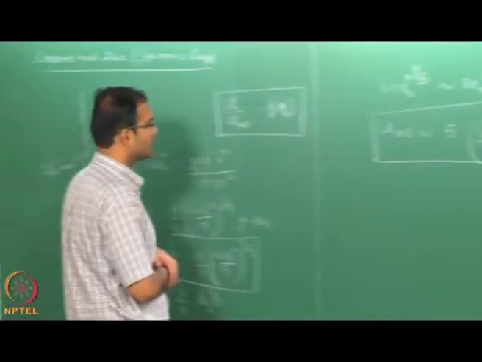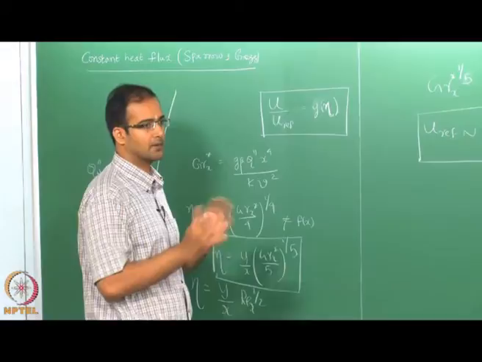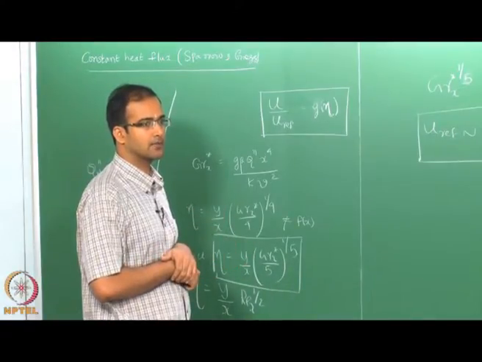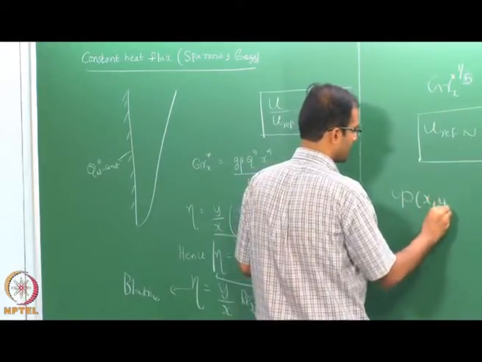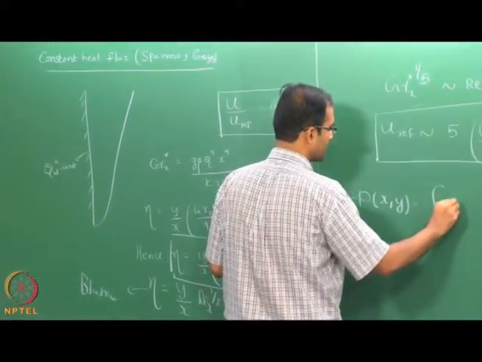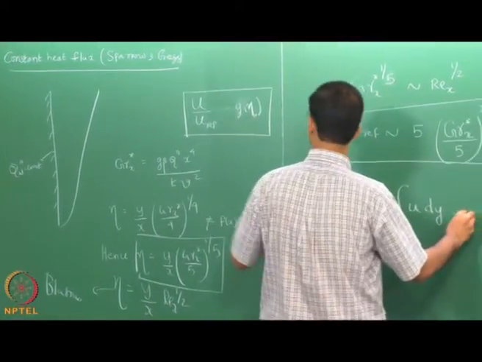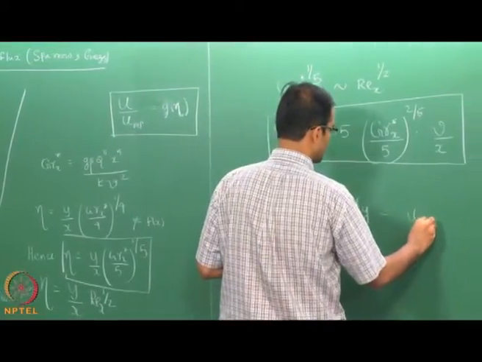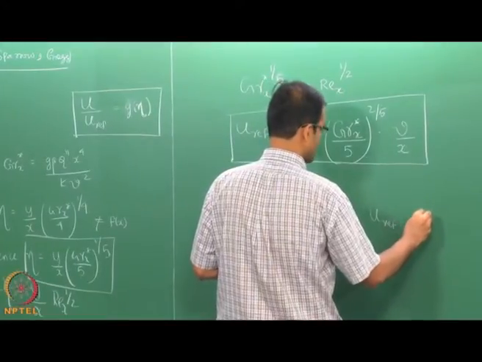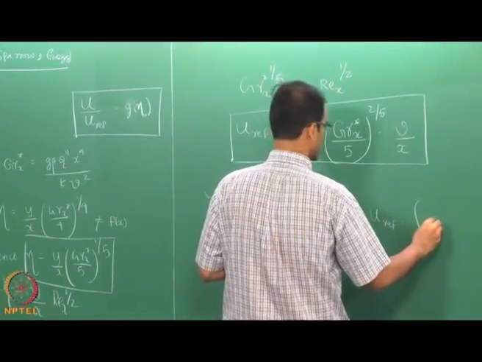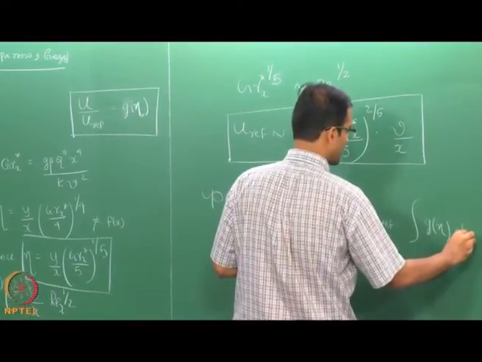Now we can find the corresponding transformation of the field from x, y to eta by using psi. Psi is nothing but the integral of u dy. We will substitute u reference into this, and write it as the integral of g of eta times dy by d eta into d eta.